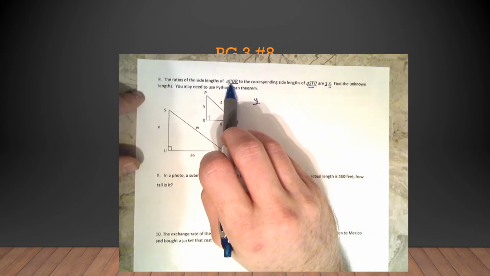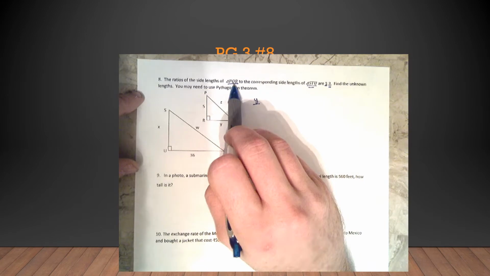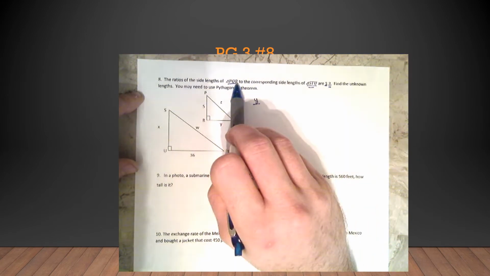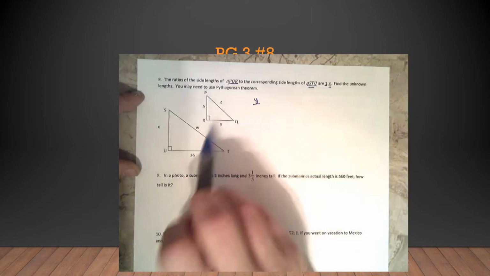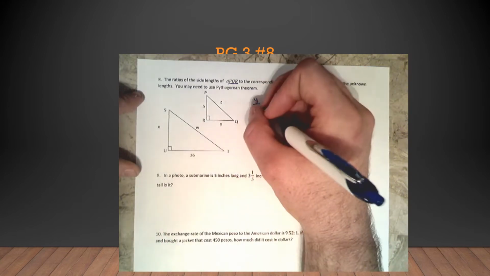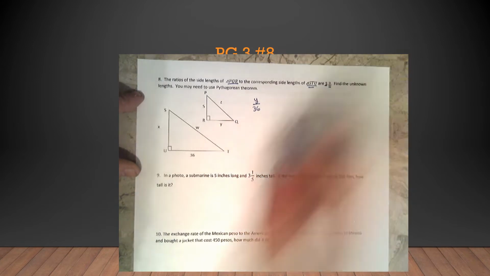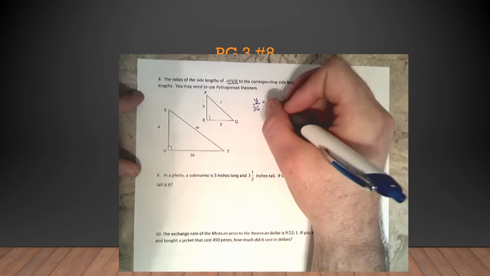So you can just look at the letters here and see what they go with. P goes with S, Q goes with T, and R goes with U. So RQ went with UT. So Y over 36 is supposed to be equal to the ratio 1 to 3.